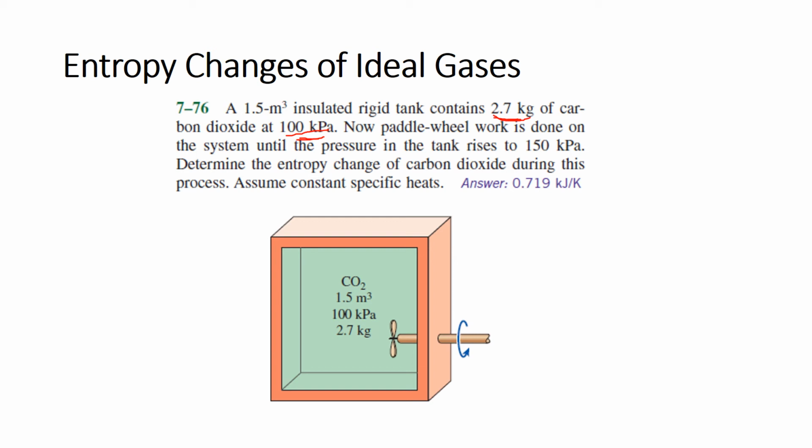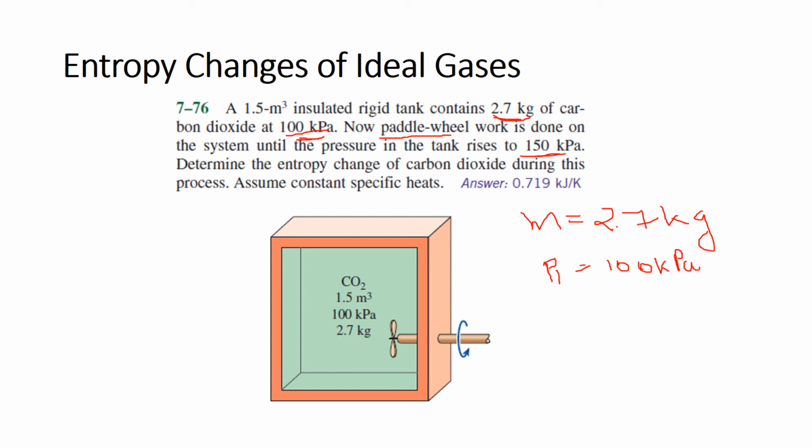Okay. So now the paddle wheel work is done on the system until the pressure in the tank rises to 150 kilopascal. So you have the mass, which is 2.7 kilogram of carbon dioxide in this tank. At state 1, or initially, the pressure is 100 kPa.